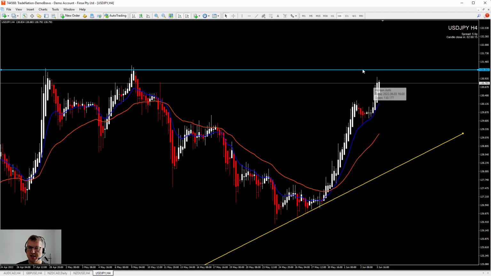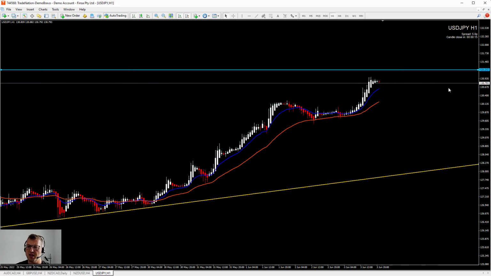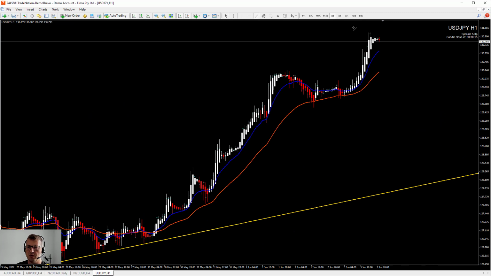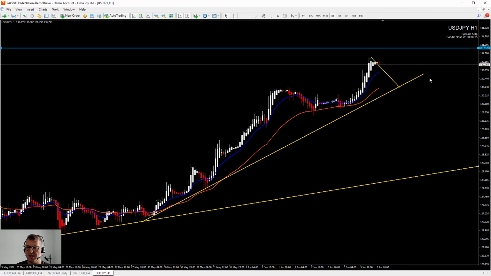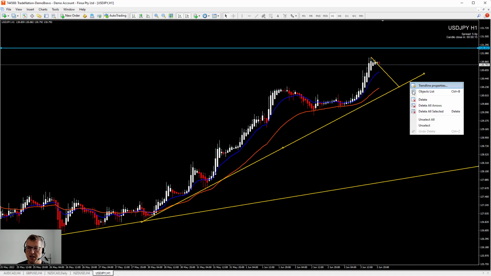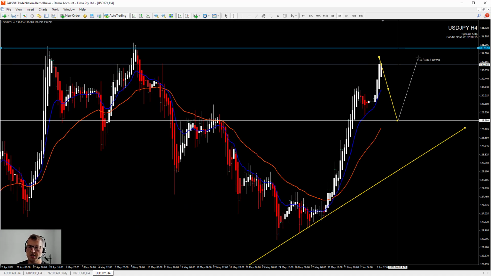But until it's broken, you have to pay attention to this, or keep in mind that this is your target. And also on the 1-hour chart, yes, if you have a retracement to the 1-hour chart 36 EMA, this is our trend line. Yes, together you look for buy entries, target, of course, this previous resistance. Yeah, so this is what we have. Retracement on the 4-hour chart, you buy.